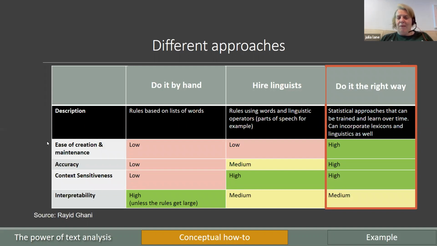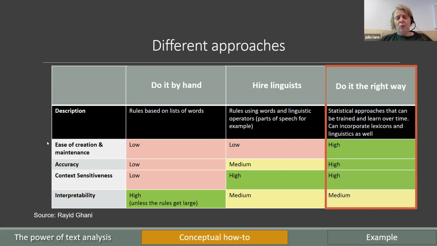Back in the day, the only way in which you could do things was by hand. So, for example, librarians and information scientists had to classify documents. What they would do is they would try and put it into a Dewey Decimal System or a classification system, and they'd use a set of words that described a book or whatever.